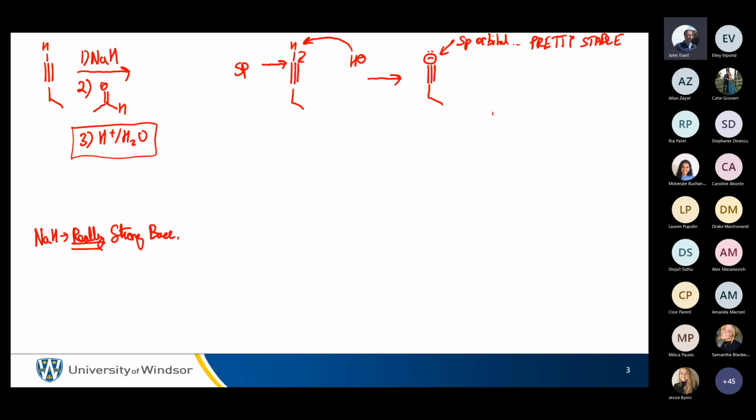We then use that to attack carbonyl. So this is step 2. This is step 1. Yeah, this is coming from NaH, because it's Na plus H minus, right? Whenever you see sodium or potassium or lithium, you can mentally dissociate them.